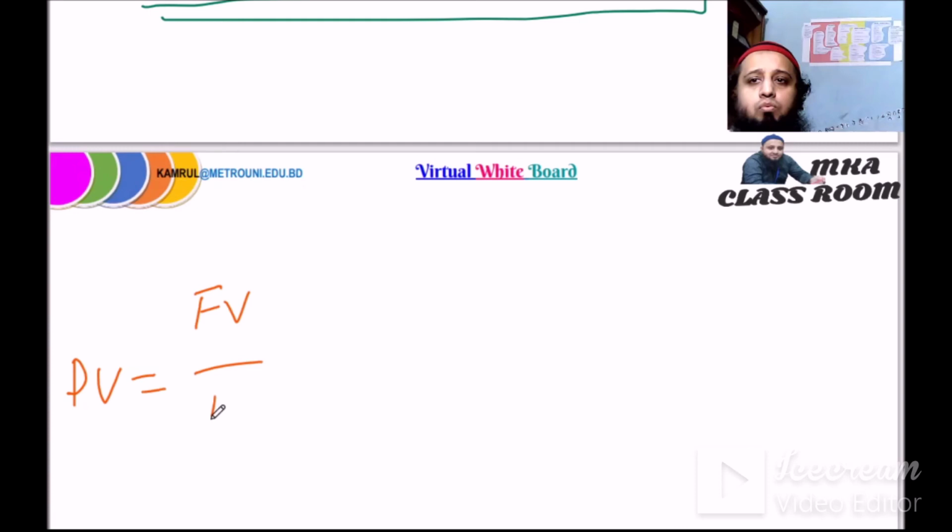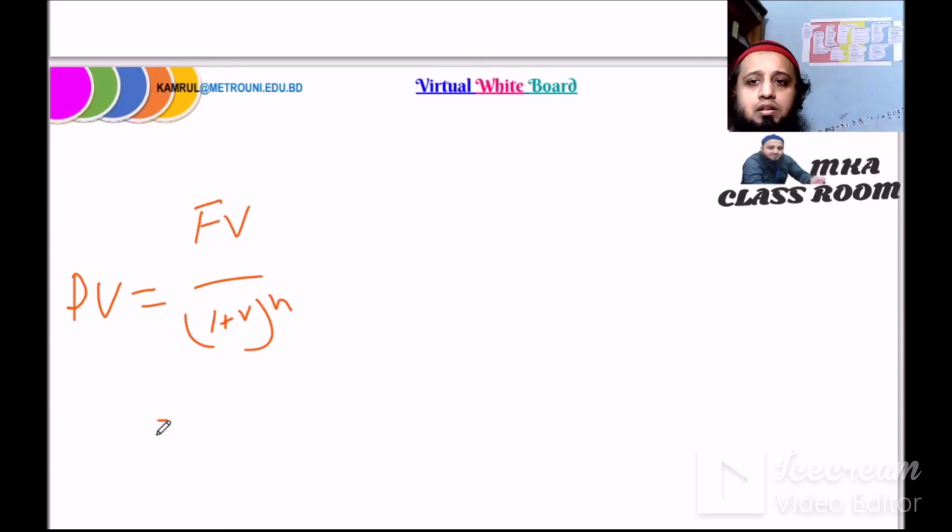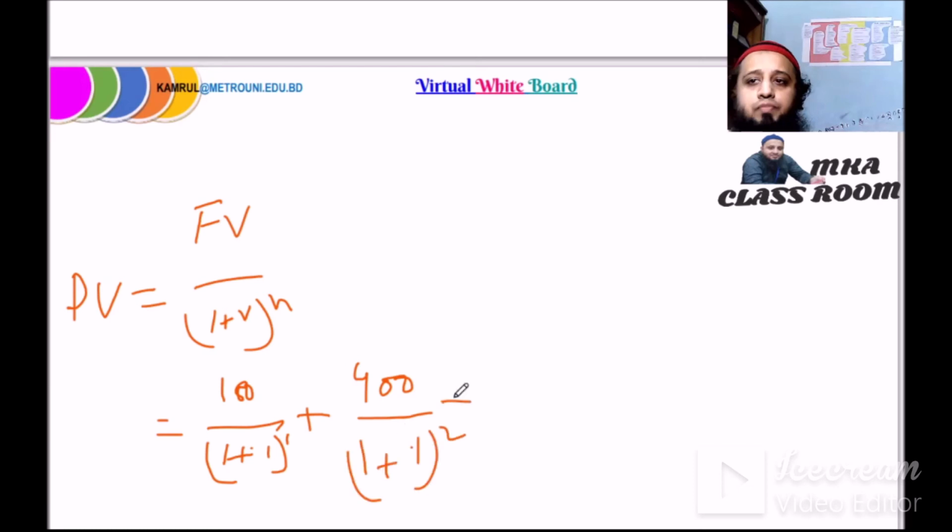Here we have several single amounts: 100 divided by 1 plus 0.10 power 1, plus 400 divided by 1 plus 0.10 power 2, plus 600 divided by 1 plus 0.1 power 3, and 700 divided by 1 plus 0.1 power 4.